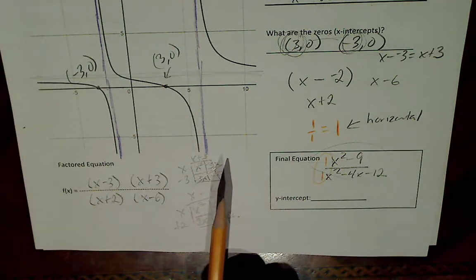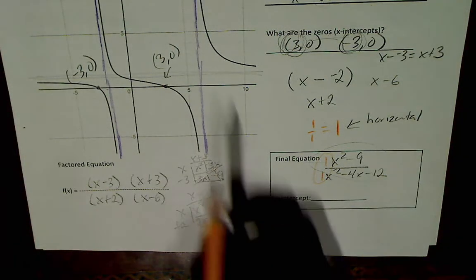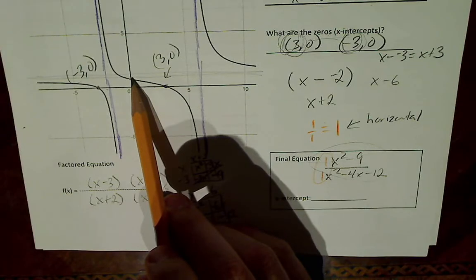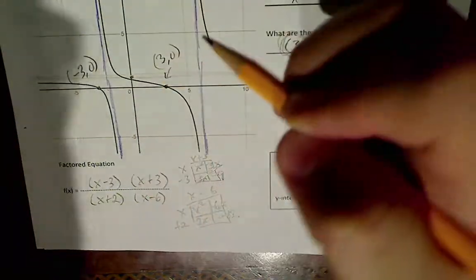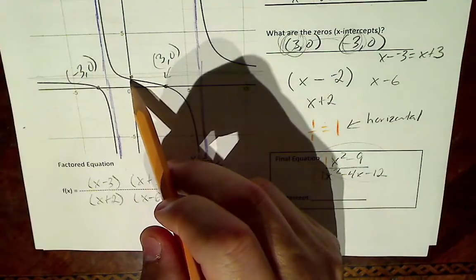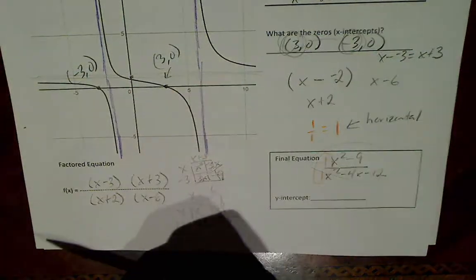Next thing I want to do is check my y-intercept. If I look at my graph, there's a y-intercept that sits right here, and it's actually right below the 1 line. So it's a fraction of some sort. Here's what you do.